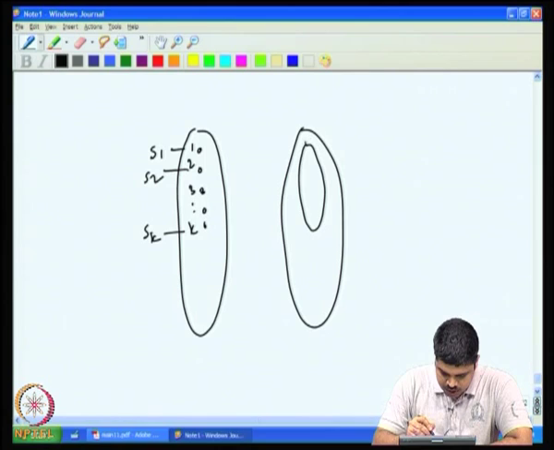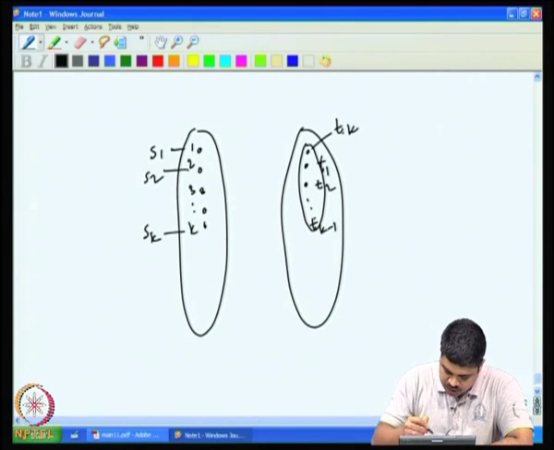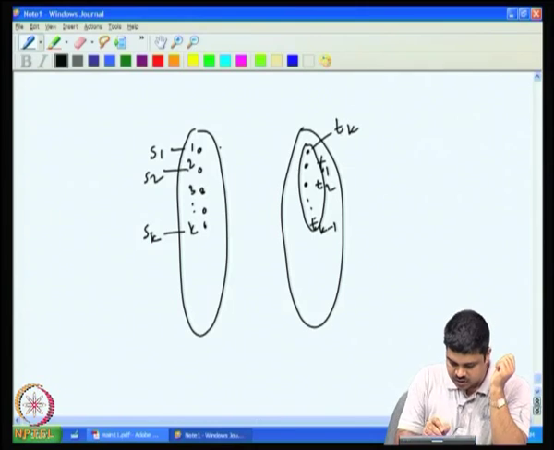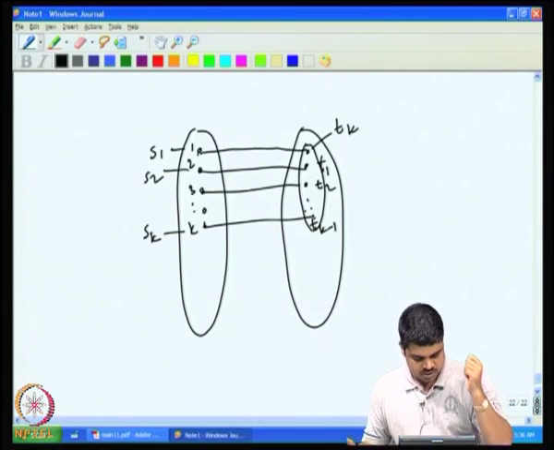And the second vertex here is my T1, and the third vertex is T2, and this is Tk minus 1, and this is Tk. Let me just rotate the destinations. The direct connection is not there between S1 and T1. S2 is connected to T1, and S3 is connected to T2, and so on.